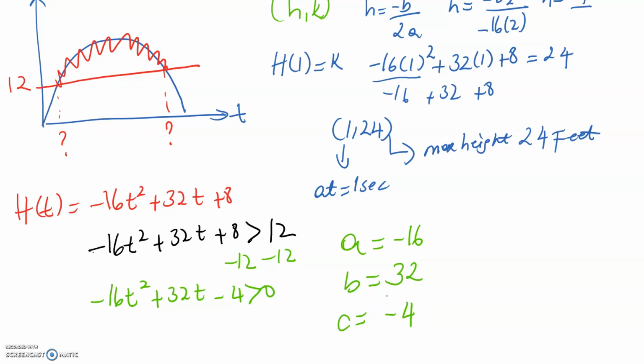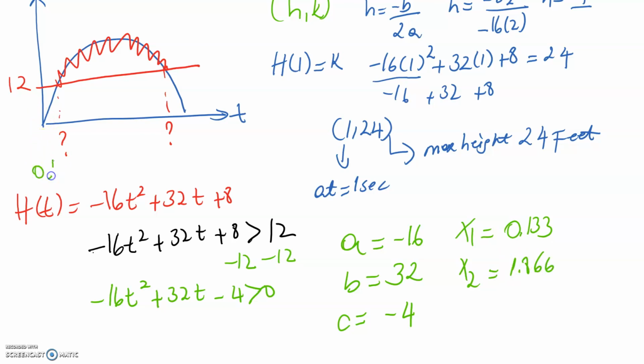If you enter all those values in your calculator and find your roots, the way I showed you in part 1, you get x1 will be 0.133 and x2 will be 1.866 seconds.